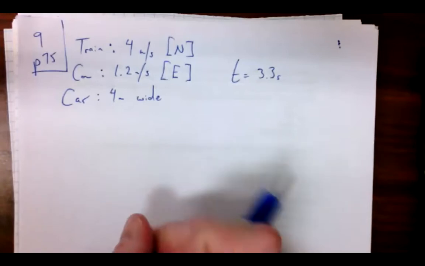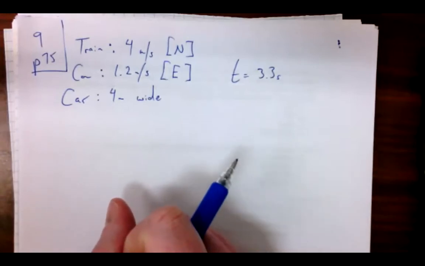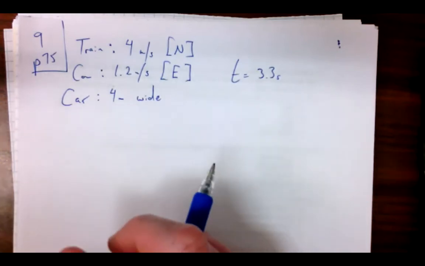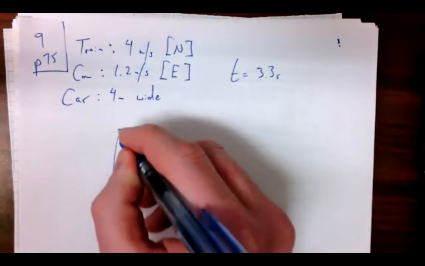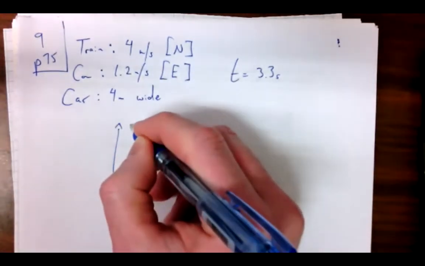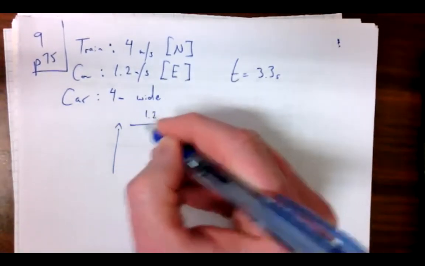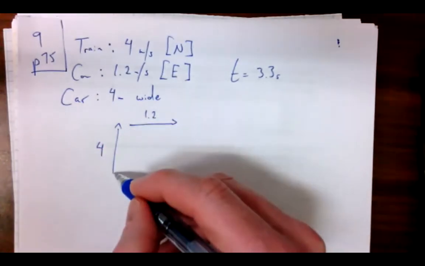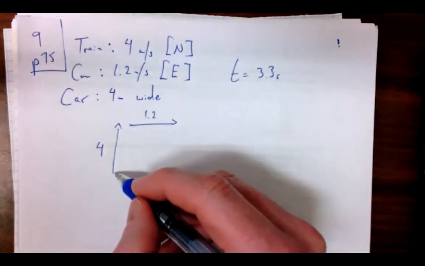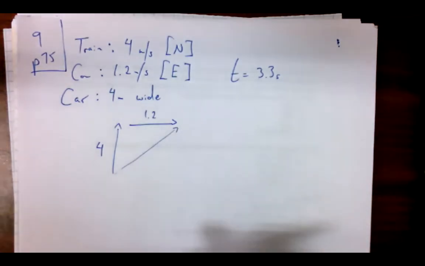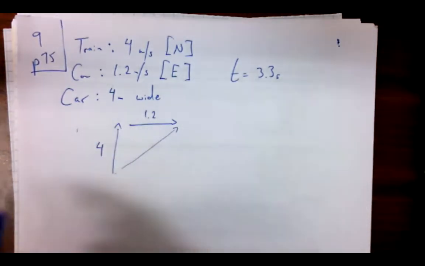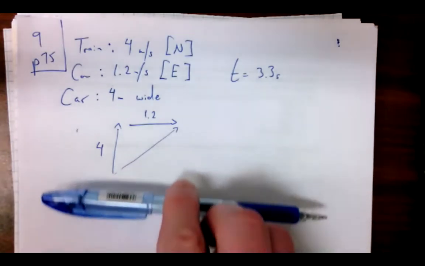Now the other one is, what is his velocity relative to the ground? So we have 4 meters per second north, 1.2 meters per second east. This is what we're figuring out. Even though he's just walking straight across, he's also moving.